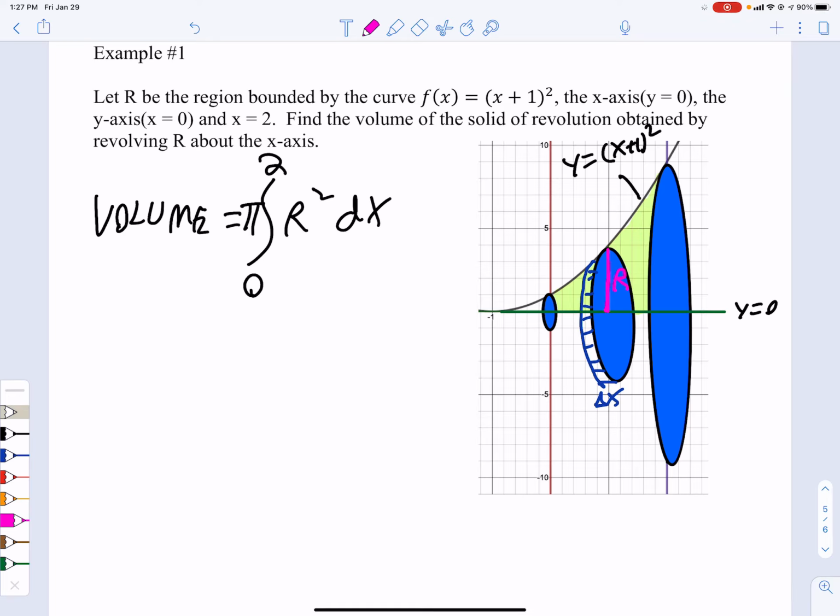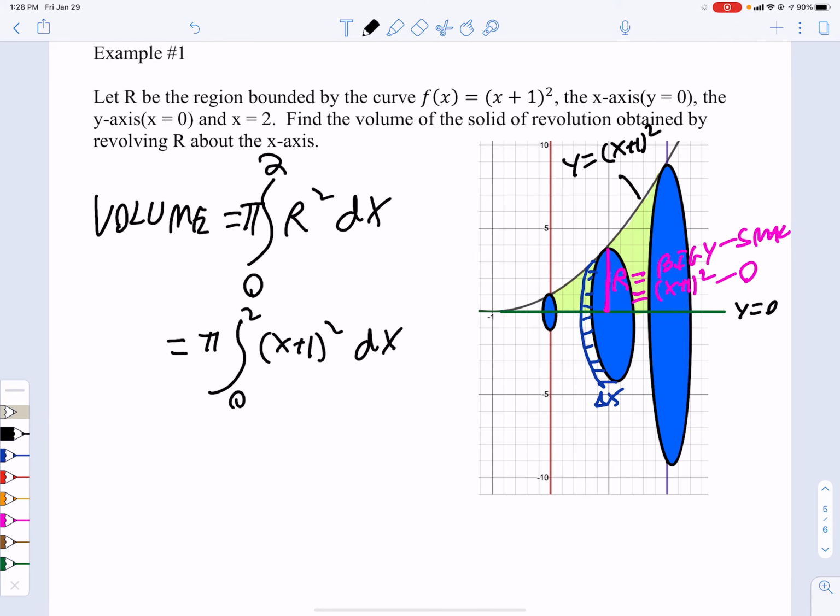There is our radius. And that's going to be big Y minus small y. What's big Y? That's x plus 1 squared. What's small y? That's 0. So we're almost done. Pi, integral from 0 to 2. That's going to be x plus 1 squared dx.